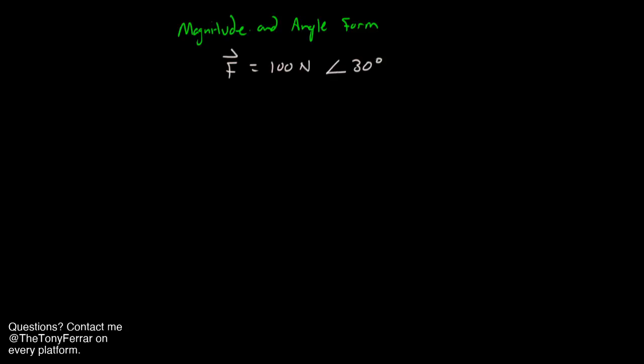We typically measure the angle relative to the positive x-axis. By the way, this is the same vector we were looking at just a moment ago. It looks like 100 newtons long, and it does that at an angle of 30 degrees if this is the x direction.